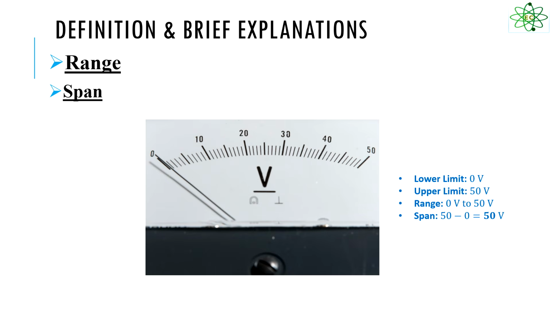Suppose we have a voltmeter with a range of 0 to 50 volts. This means that the instrument is designed to measure voltage from 0 to 50 volts. Therefore, the range tells us the limits within which the instrument can be safely and properly used.